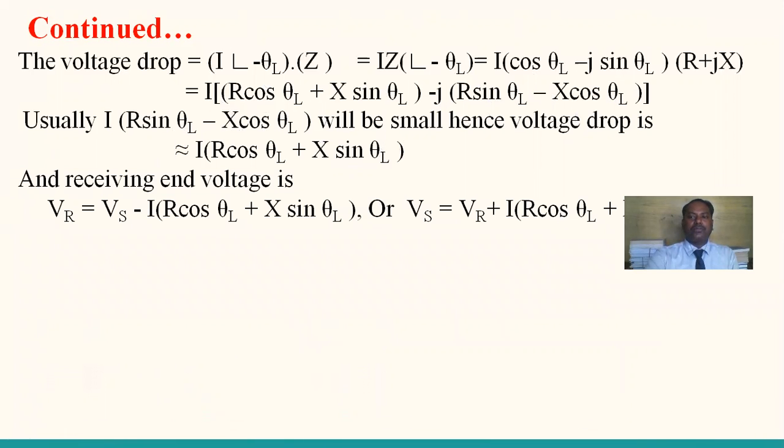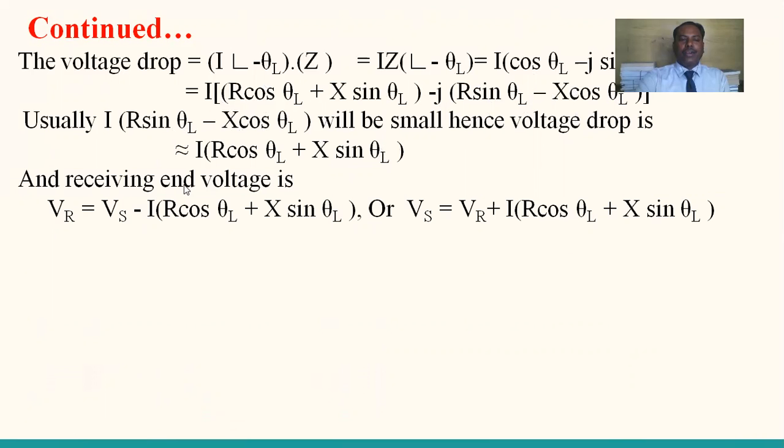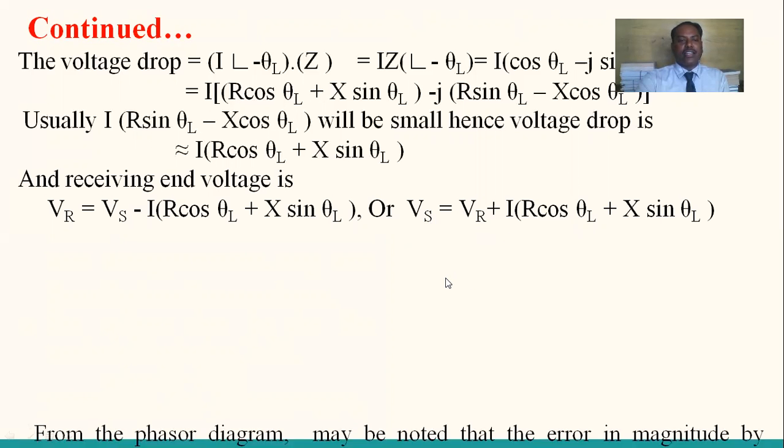You see here, receiving end voltage is equal to sending end voltage minus the total drop, Vs minus I into R cos theta L plus X sin theta L, or Vs, the sending end voltage, is equal to receiving end voltage plus the drop of the system, I into R cos theta L plus X sin theta L.